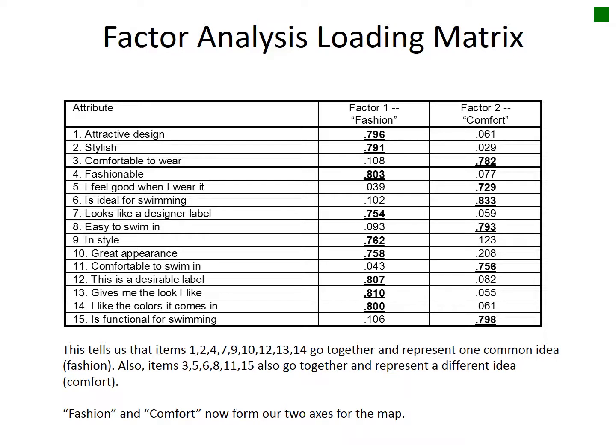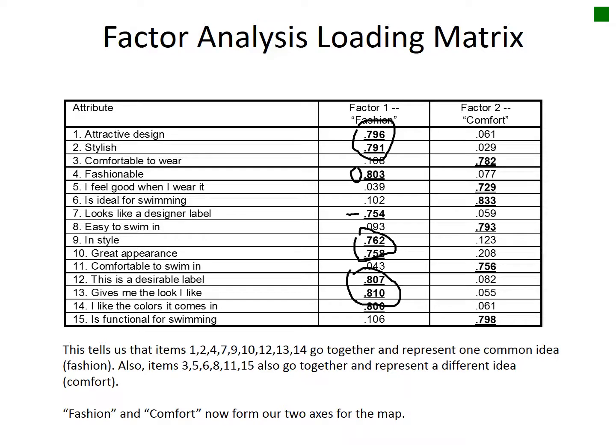If we look down here, we've got question number 1, question number 2, question number 4, 7, 9, 10, 12, 13, and 14. We're looking at these big numbers to see how they each relate to each other.